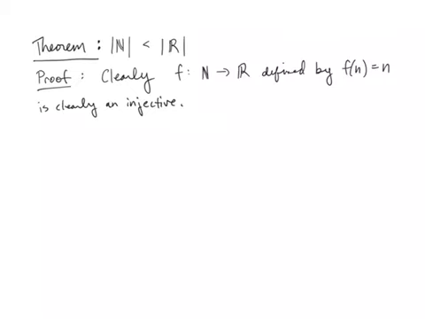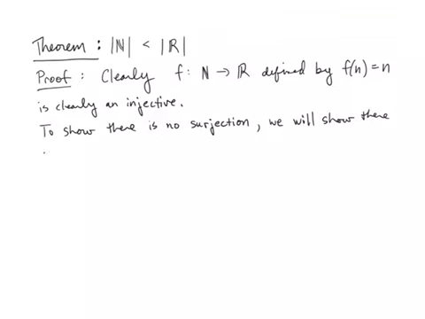That's fine. So to show there is no surjection, we will show there is no surjection from the natural numbers to the interval from 0 to 1.